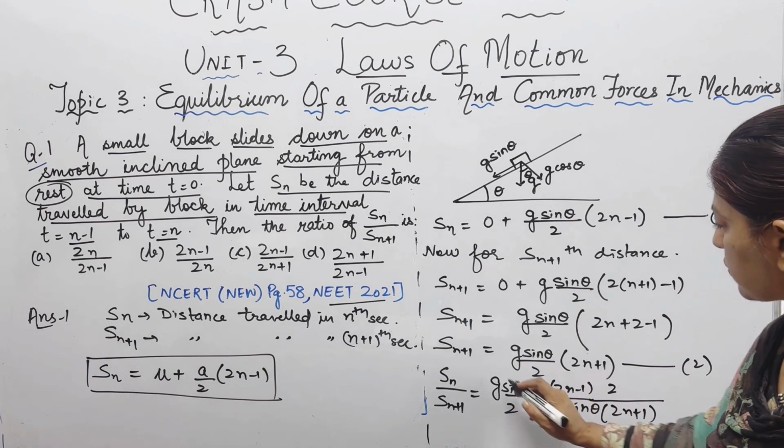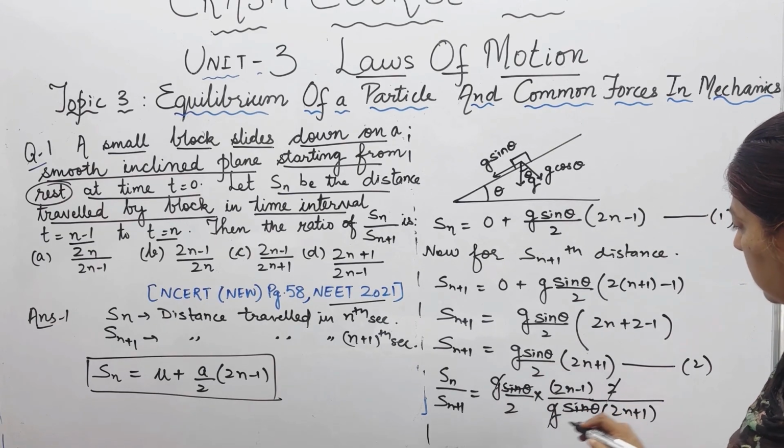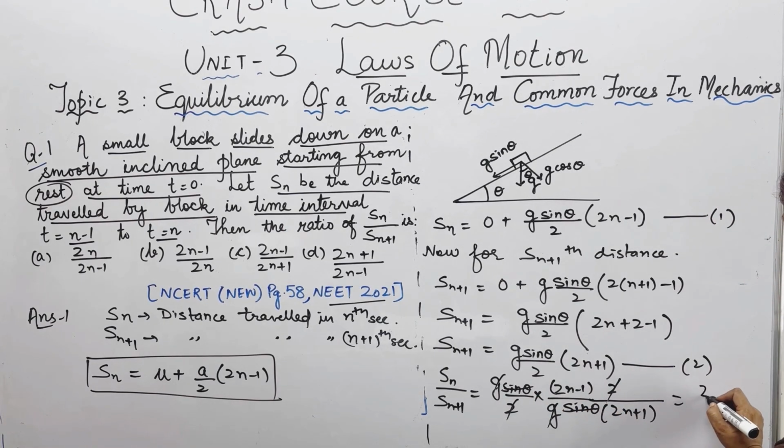So these cancel out. We get the ratio 2n minus 1 over 2n plus 1.